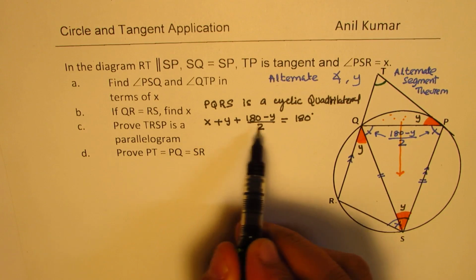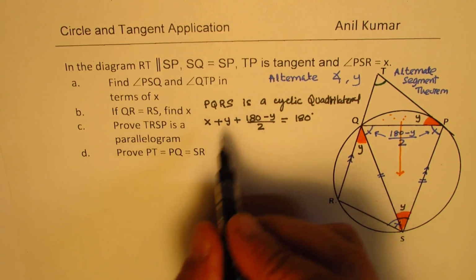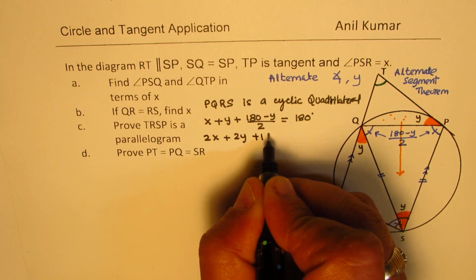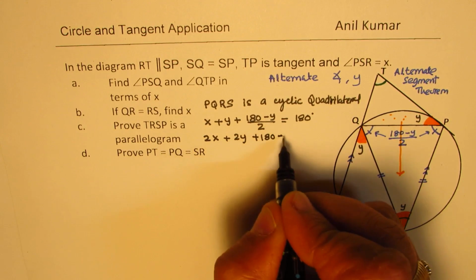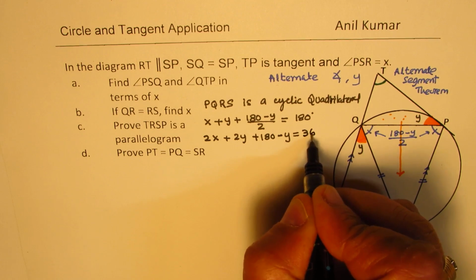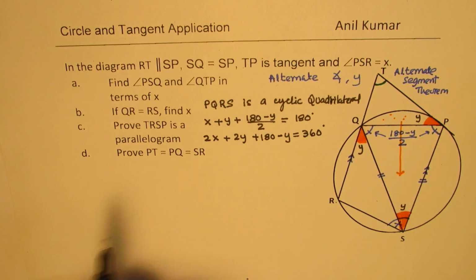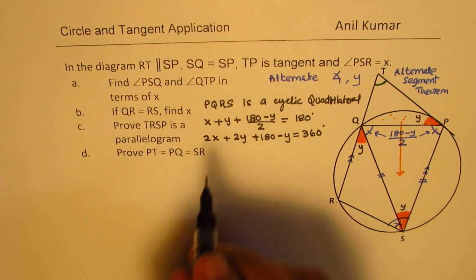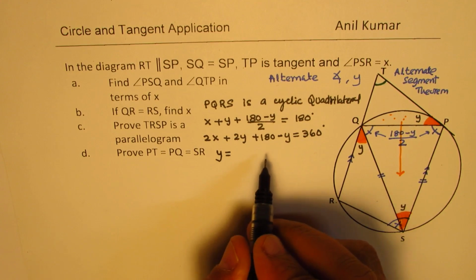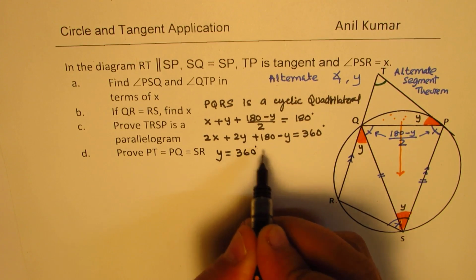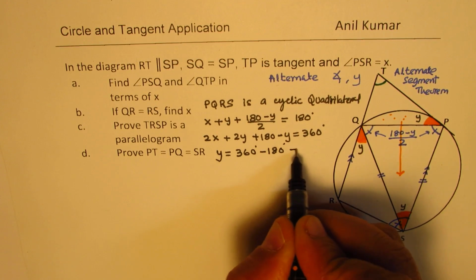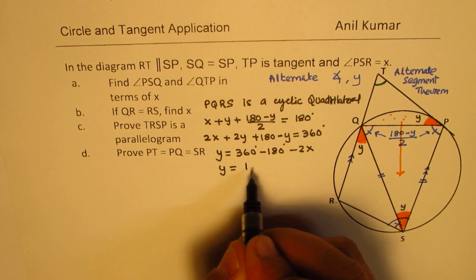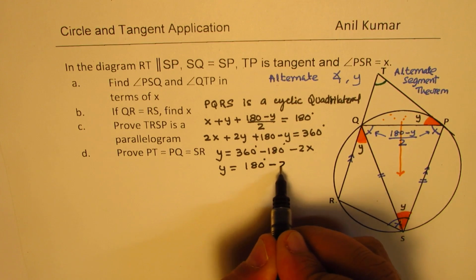Let's just multiply everything by 2 to get rid of the 2 in the denominator. So we get 2x plus 2y plus 180 minus y equals 360 degrees. Now taking 2x and 180 to the right side, 2y minus y is just y. That is equal to 360 degrees minus 180 degrees minus 2x, or y equals 180 degrees minus 2x.